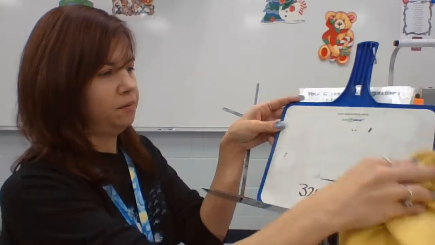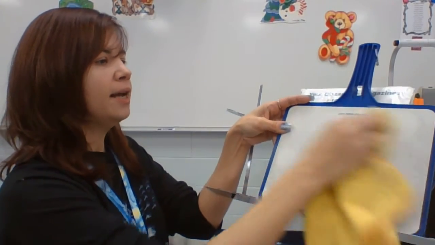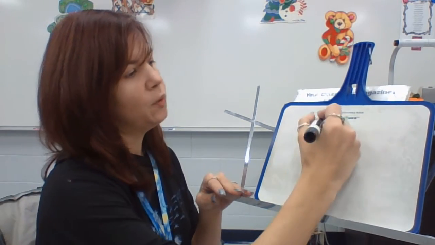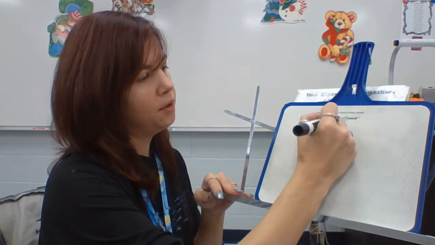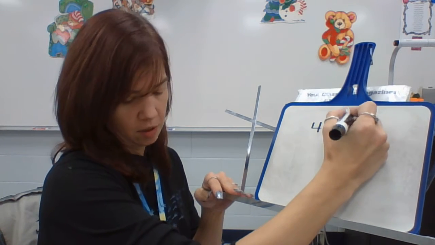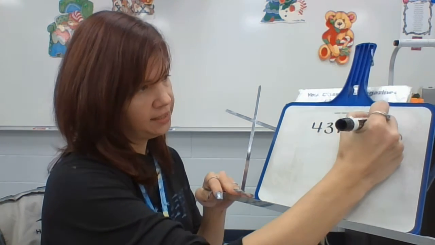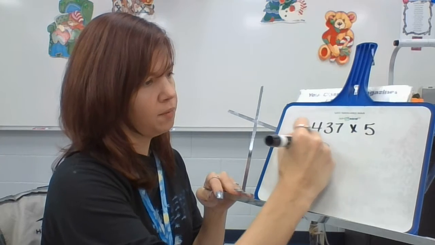All right, so erase here for you. They, again, already have it set up on your paper. But for ones here this week that you're not going to have set up, you might just have the multiplication problem. 437 times 5. So you start with your box.